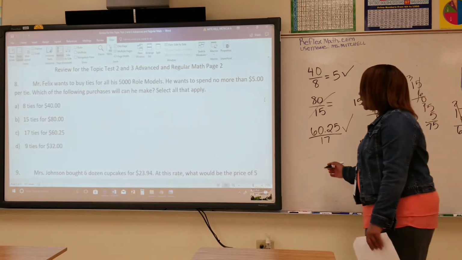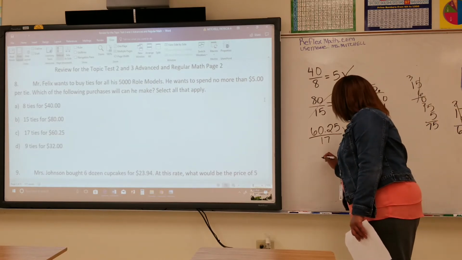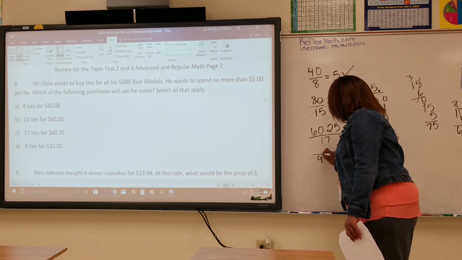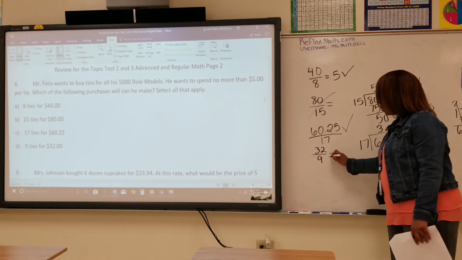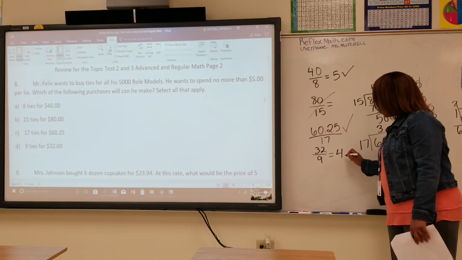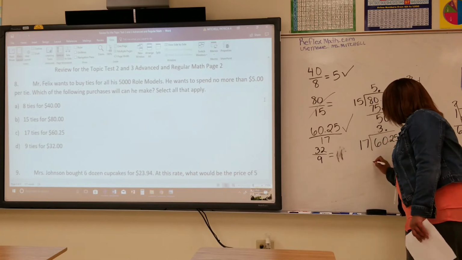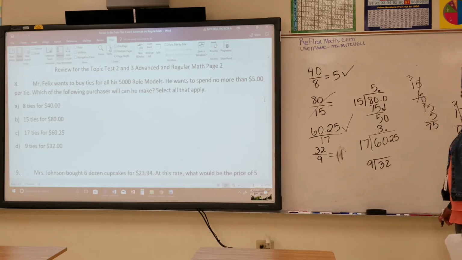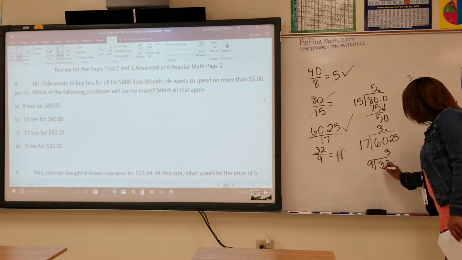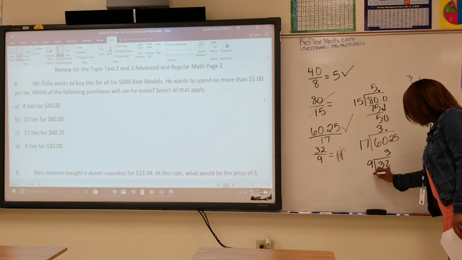D. 9 ties for $32. $32 divided by 9 gives us $4. 32 and 9. 9 goes into 32 3 times. 9 times 3 is 27.